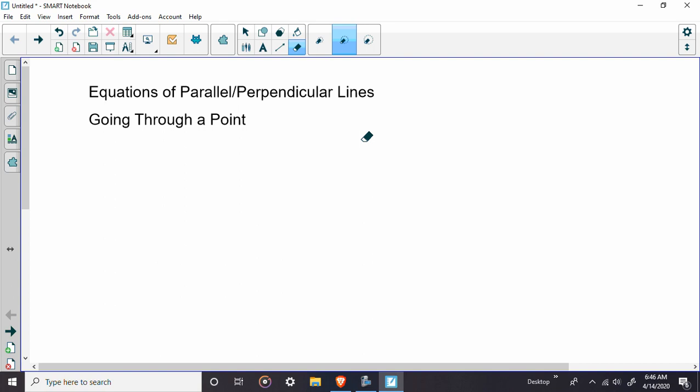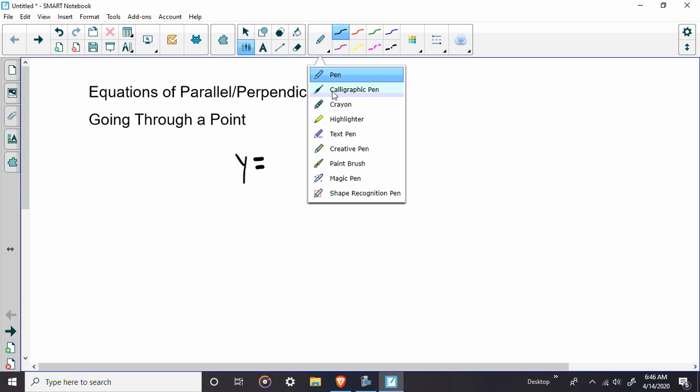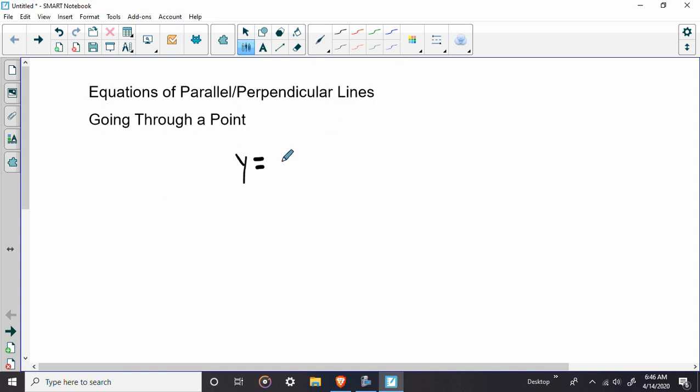It's a very common thing to find lines that are parallel and perpendicular and go through a specific point. Okay, so say I told you this. y was equal to 10/3 x minus 8.